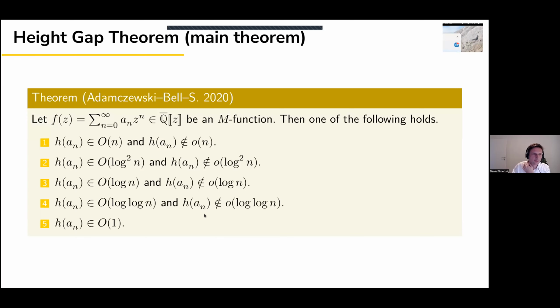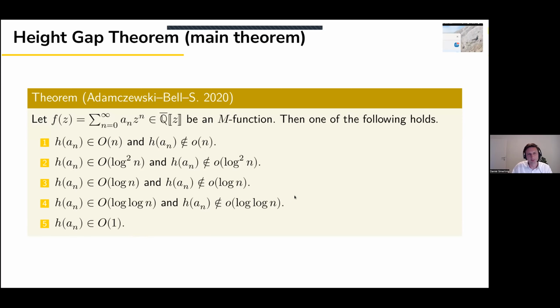So to summarize once more this gap theorem, it shows that the solutions fall into 5 completely distinct classes, which are characterized by the asymptotic growth, but also by some underlying structural properties.